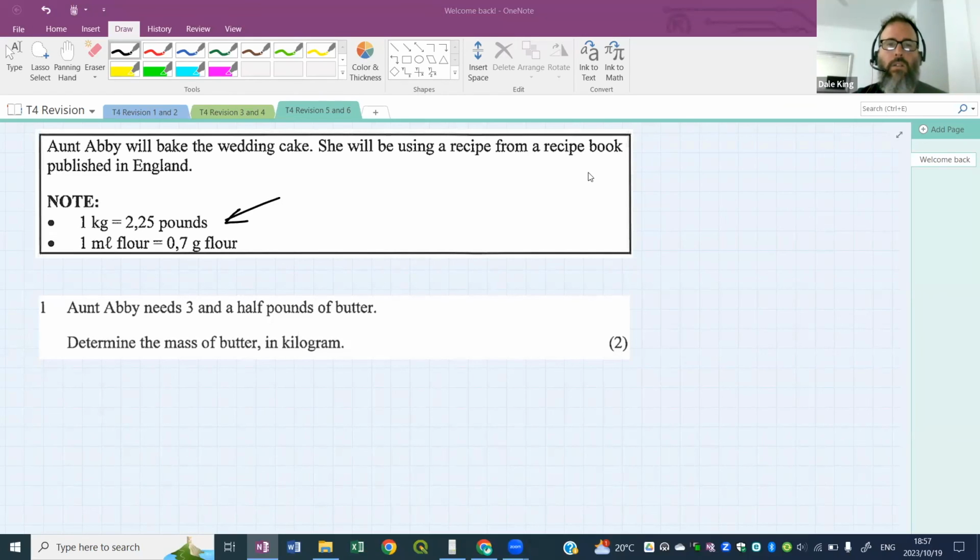That looks like a lot as well. 2.25 gives us 1 kg. So how much will 3.5 give us? If 2.25 gives us 1 kg, what will 3.5 give us? It can't be a lot more than 1.